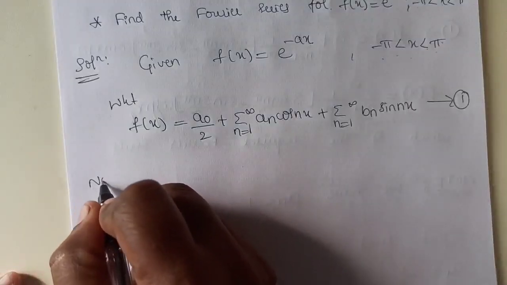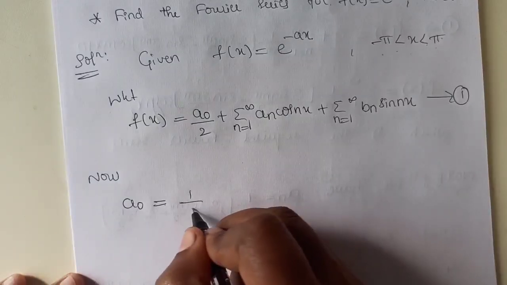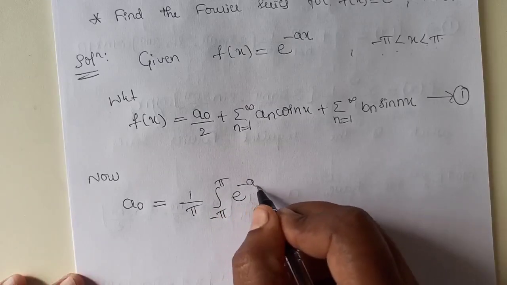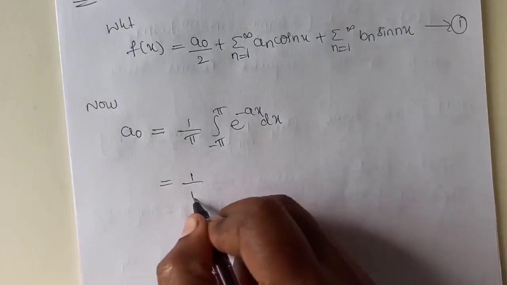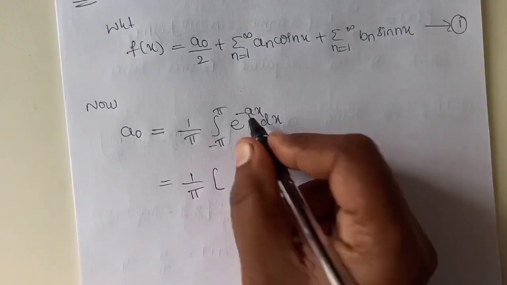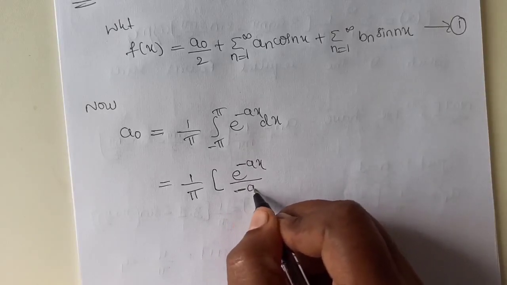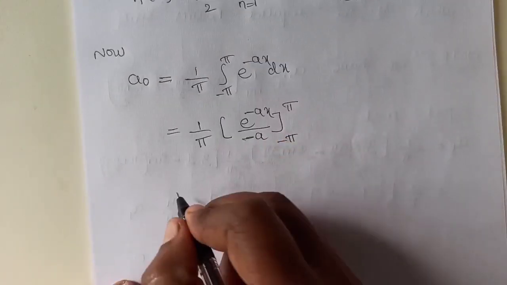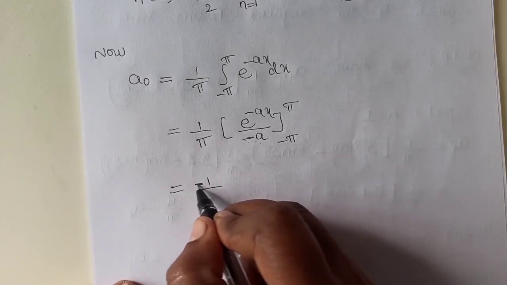Now we find the a₀ value. a₀ = 1/π ∫ from −π to π of e^(−ax) dx. Integrating this, we get 1/π times e^(−ax)/(−a) from −π to π.